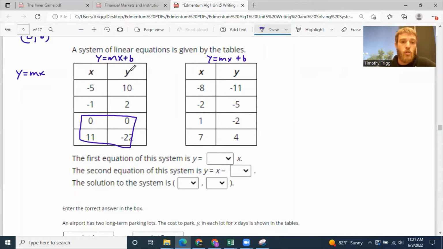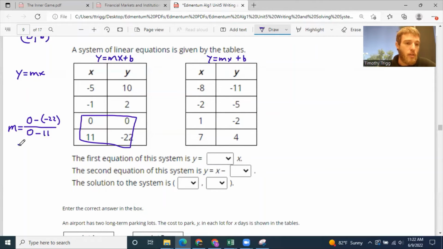So the rise, you look at the y values. So the rise over run, our slope, we're going to do 0 minus negative 22. Again, you subtract the y values to get the rise, and then you subtract the x values to get the run.